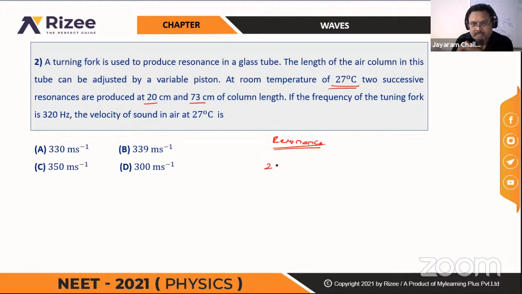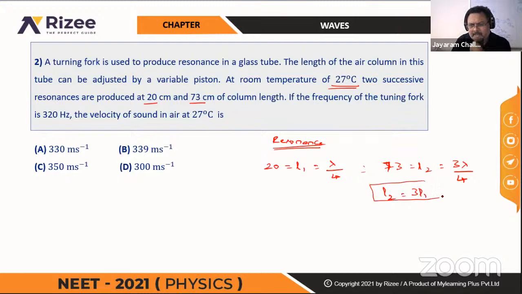Here 20 represents L1, which is lambda by 4 distance, and 73 represents L2, which is 3 lambda by 4. Theoretically, L2 has to be equal to 3 times L1, but practically we may or may not get that. That's a secondary issue here.